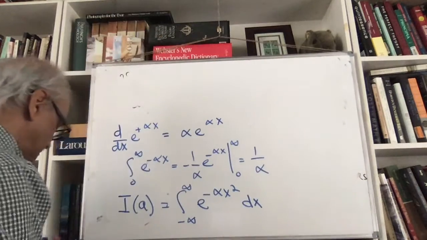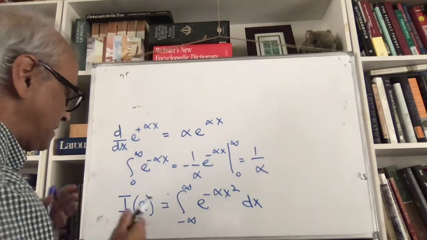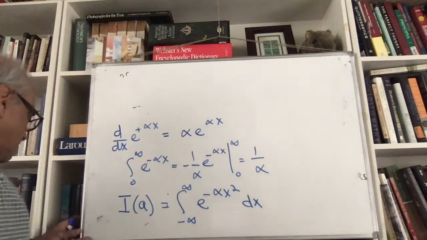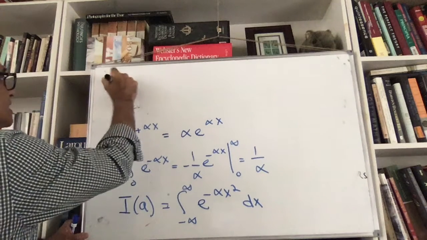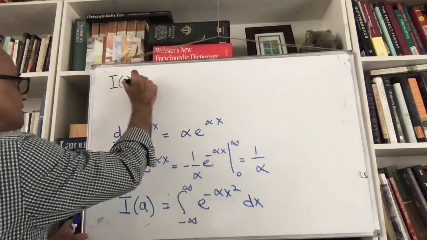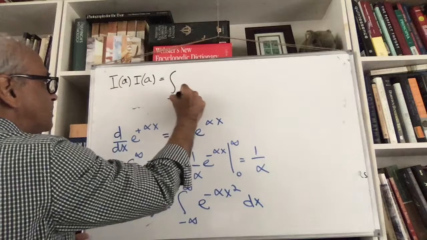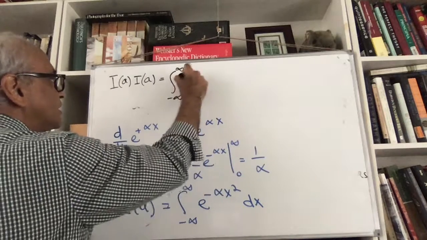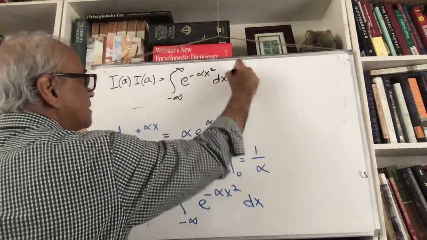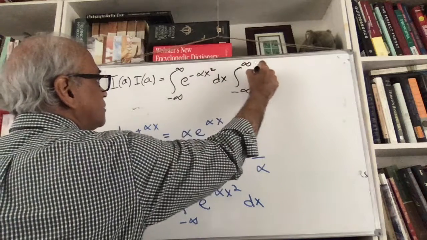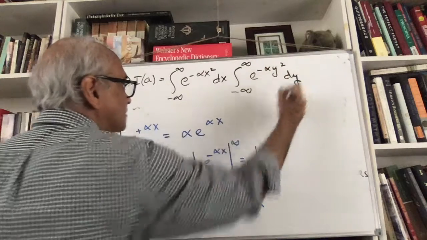What I can do is multiply the same integration with itself, all right? So I can say, you know what, this integration and this integration, from minus infinity to plus infinity, e to the power minus alpha x squared dx, and e to the power minus alpha y squared dy.